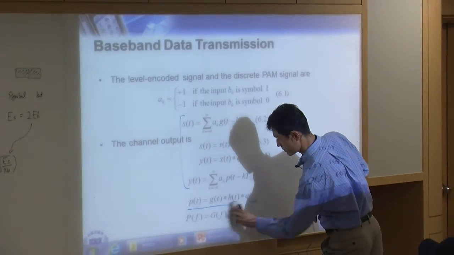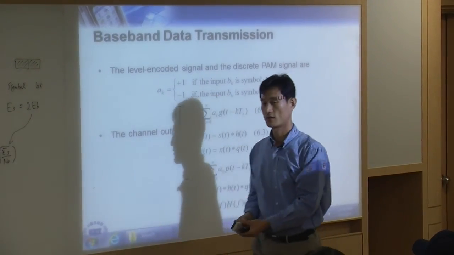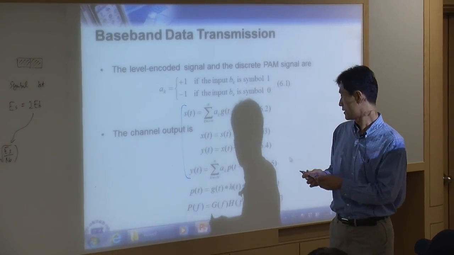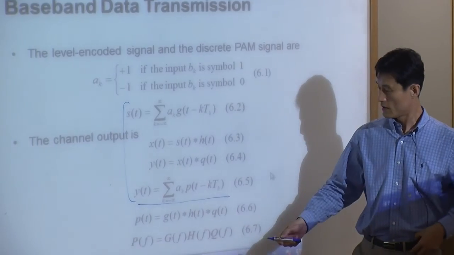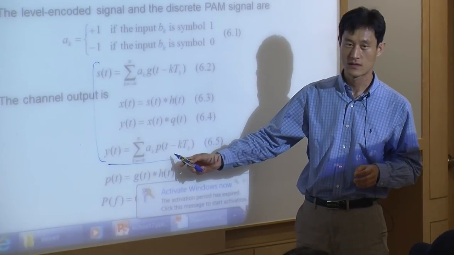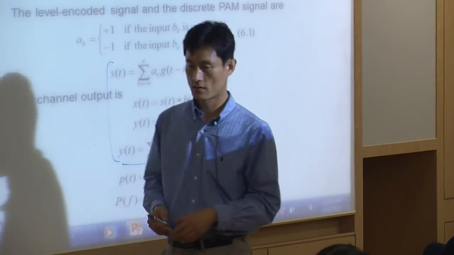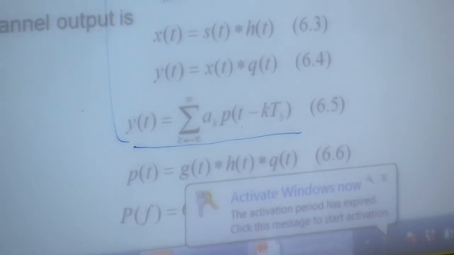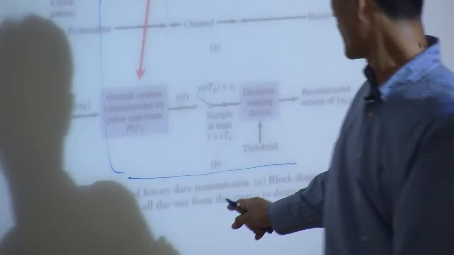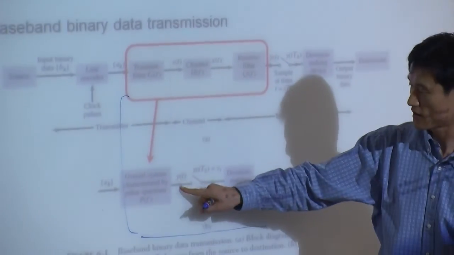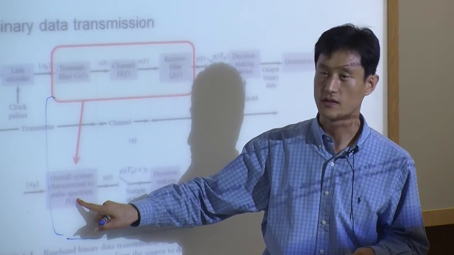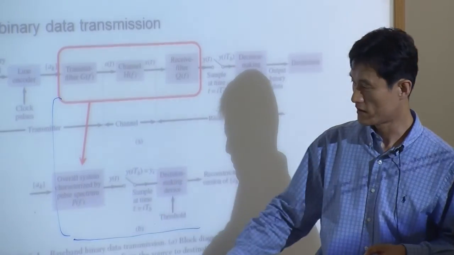Now, what we're going to look at here in this equation is this one. Y is a convolution of A and P, right? YT here is a convolution of A and PT. Okay? We can write it here.